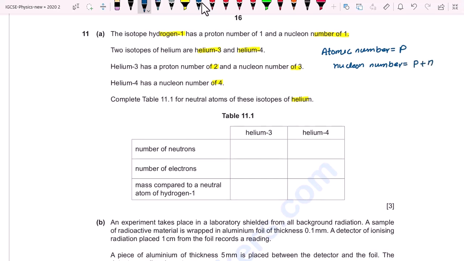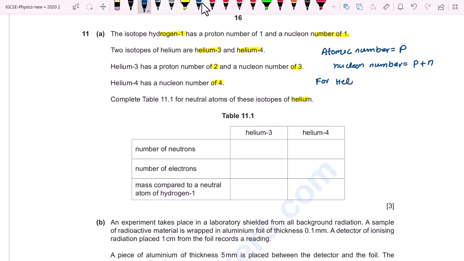So P represents protons and N represents neutrons. In the case of hydrogen-1 isotope, the proton number is 1 and the nucleon number is also 1. And next we are given two helium isotopes, helium-3 and helium-4. Now first of all we consider helium-3.